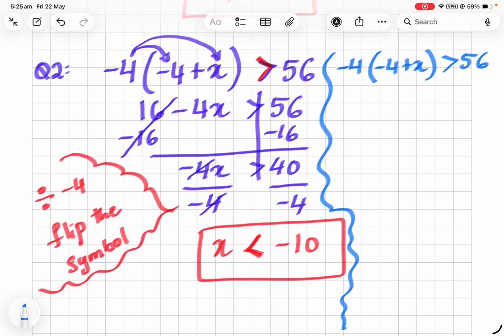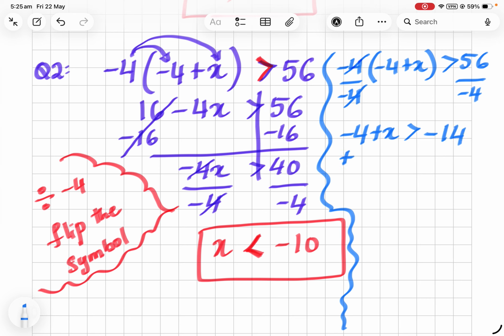That's an invisible times. The opposite of times is division, so I'm getting rid of this negative 4 straight away. Now you have negative 4 plus x greater than 56 divided by negative 4, which is negative 14.